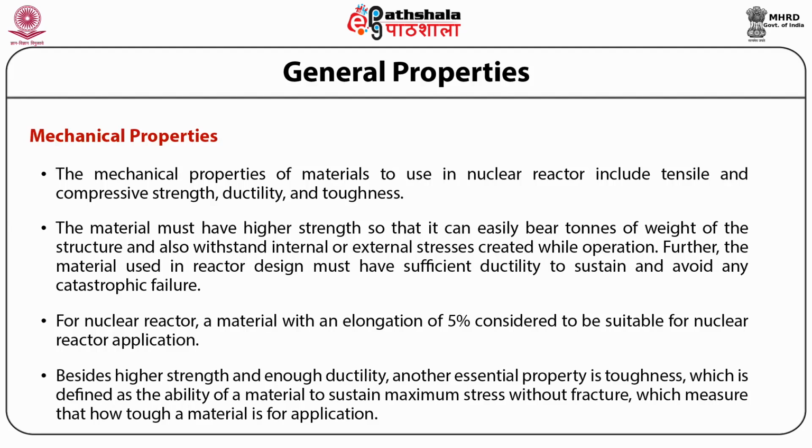Besides higher strength and enough ductility, another essential property is toughness, which is defined as the ability of a material to sustain maximum stress without fracture, which measures how tough a material is for application. Generally, tensile strength and ductility combined is referred to as toughness.